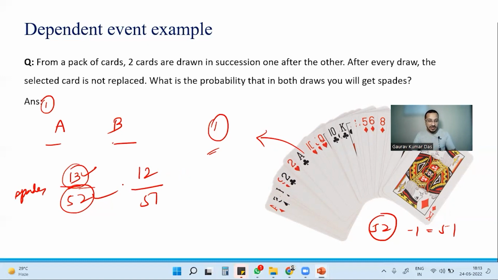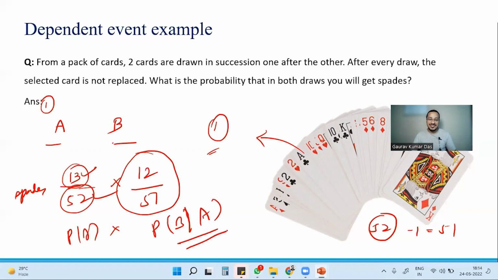In both the draws, so you have to multiply them. So what we had calculated is a conditional probability. This will be probability of A into probability of B such that A has happened. Why? Because you've subtracted 1 from the numerator and the denominator.